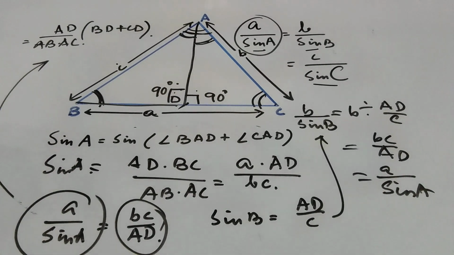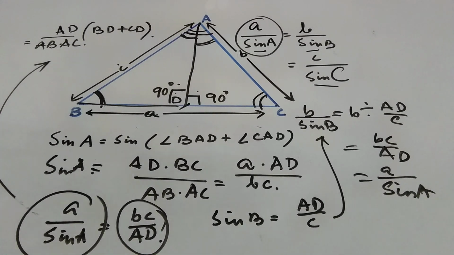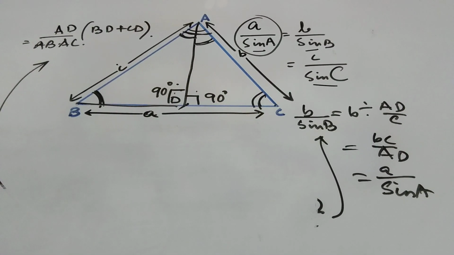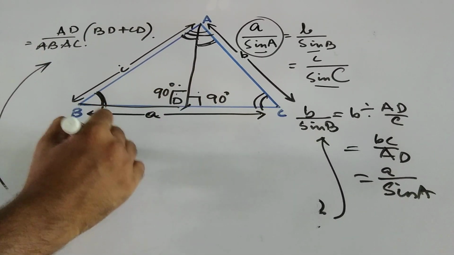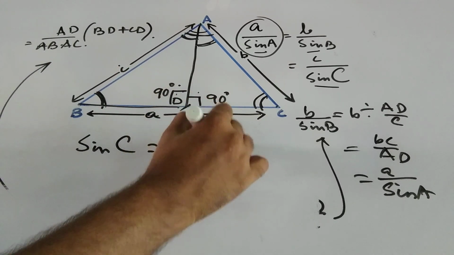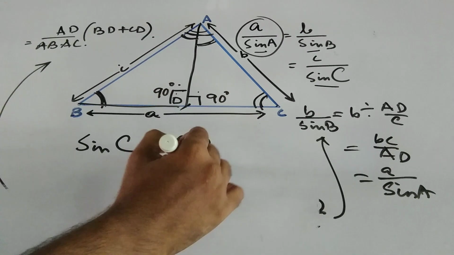In the same fashion, we have to calculate c by sin C. So if I remove this one, then what is sin C from triangle ACD? Sin C equals AD by hypotenuse, which is b.